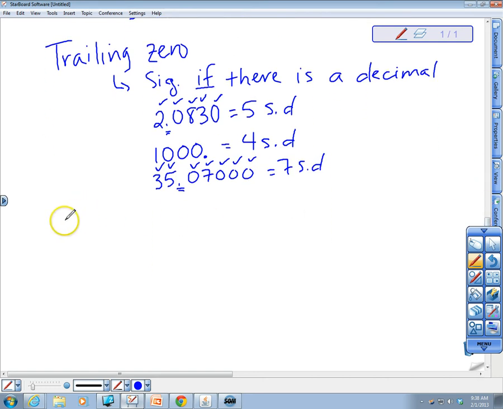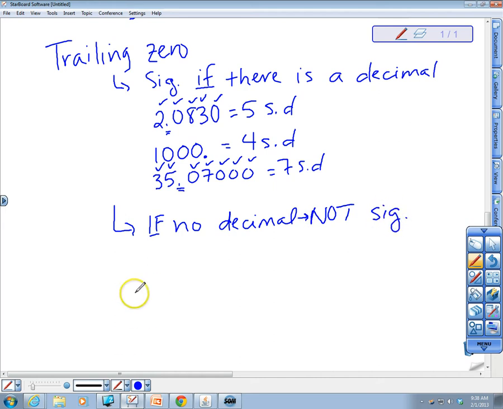If there is no decimal, then it is not significant. If it's a trailing 0 and there's no decimal, like in just the number 1,000 with no decimal, then these are not significant zeros. Only the non-zero is significant. So I have 1 significant digit.